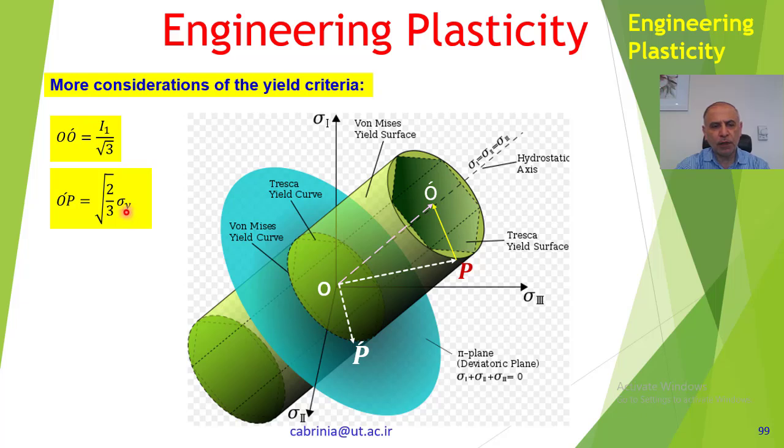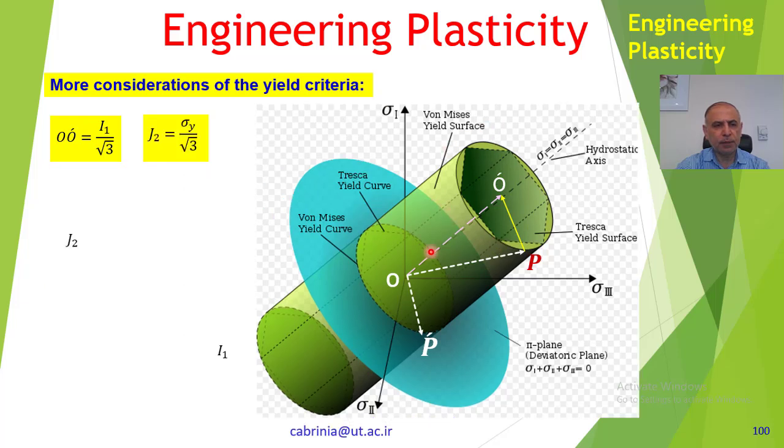Sigma y is the yield strength. And J2 also is sigma y over root 3. Because this sigma y is the yield strength, and root 3 is a number, this is a constant. So J2 equal to constant is the Mises criteria.